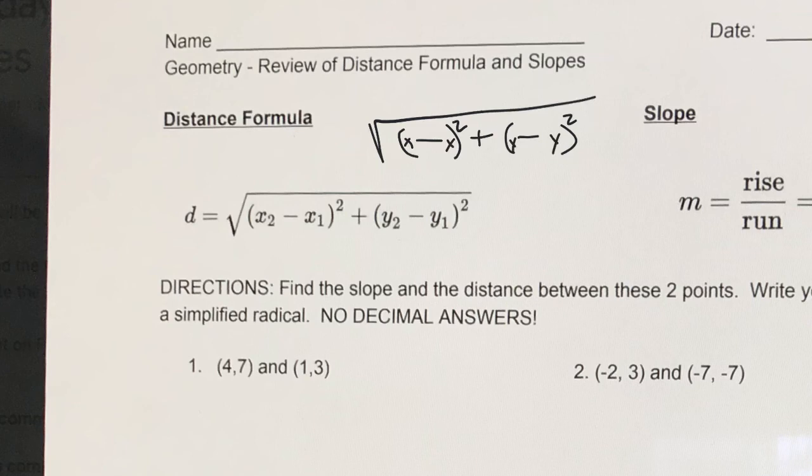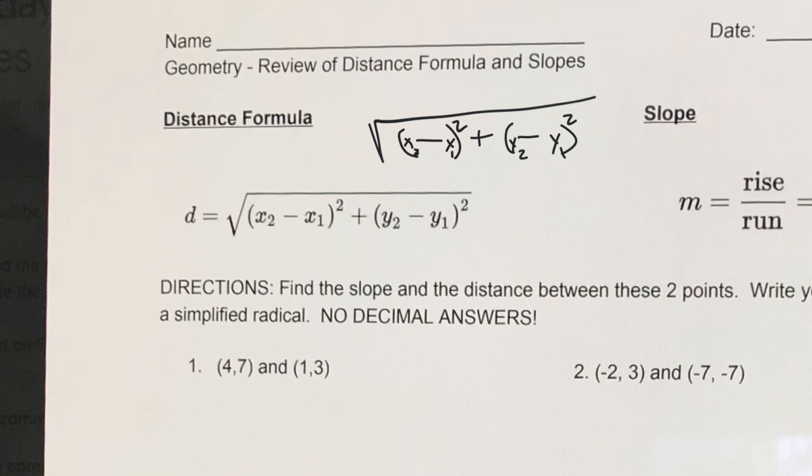Now, most teachers will present x2 minus x1, y2 minus y1. So that's fine. You can do it that way. Now, the truth of the matter is, what's kind of cool about the distance formula is that it actually doesn't matter. As long as the x's are here and you're subtracting one x from another x, and as long as the y's are here and you're subtracting one y from another y, you're going to be squaring the result, and that's going to pump out a positive result one way or the other.